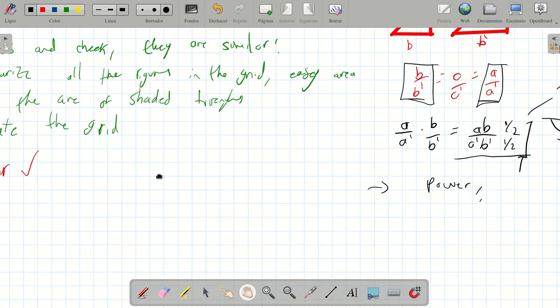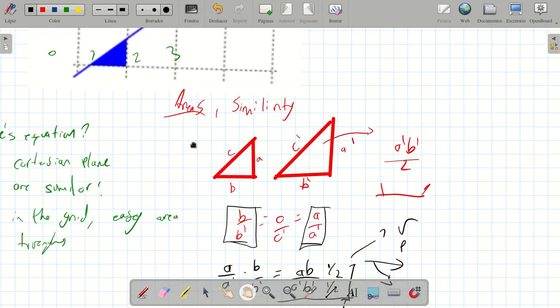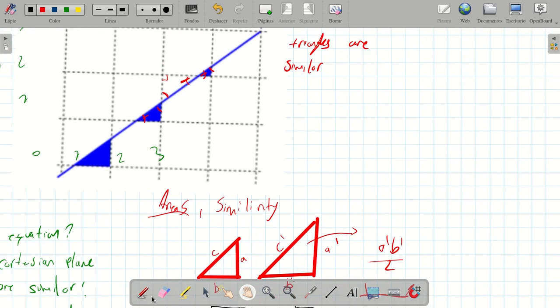Because now you can compare the area of these triangles.